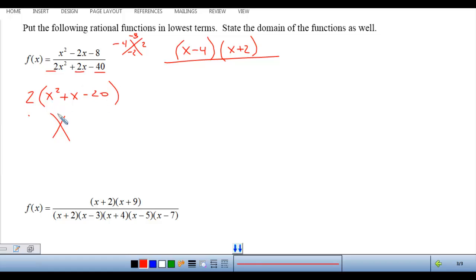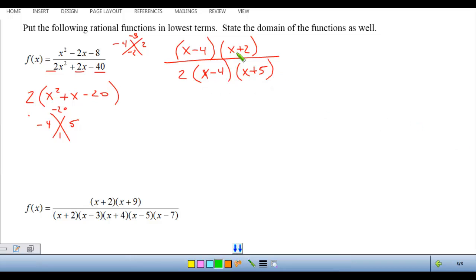And then I'll factor what's in the parentheses, so negative 20, 1. So I'm looking at 4 and 5. One of them has to be negative, so it must be a minus 4. So I go ahead and rewrite that, and I see x minus 4 is a common term in both the numerator and the denominator, so I can cancel that out and rewrite.